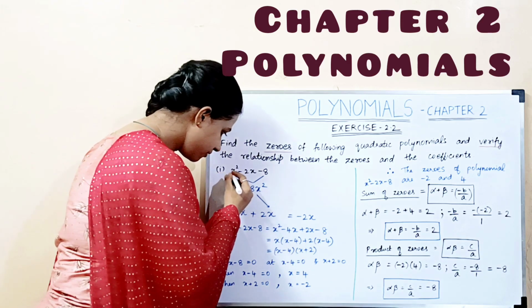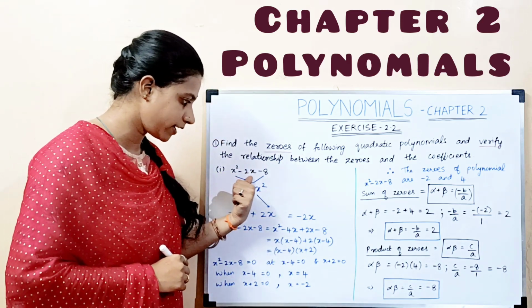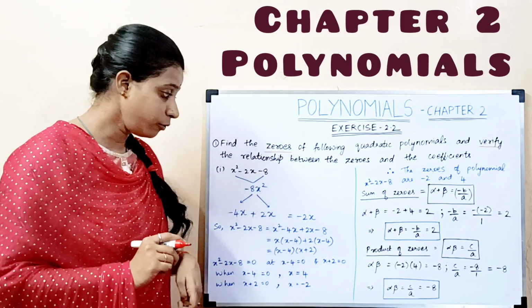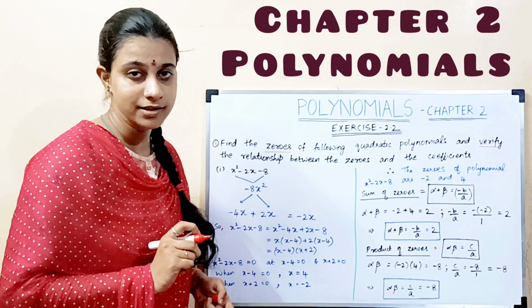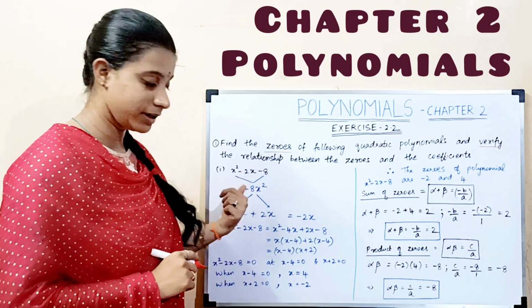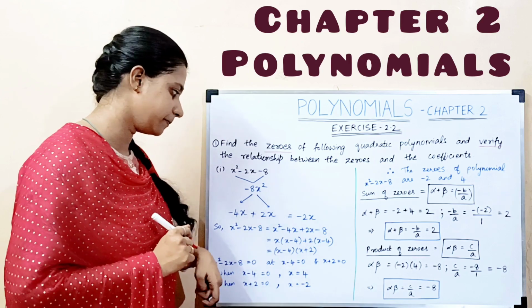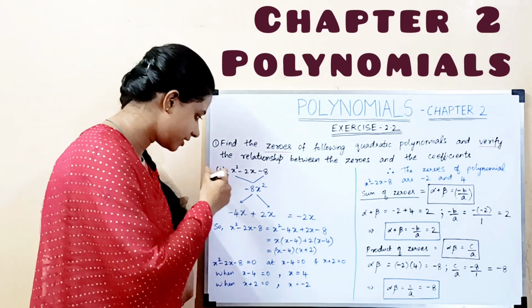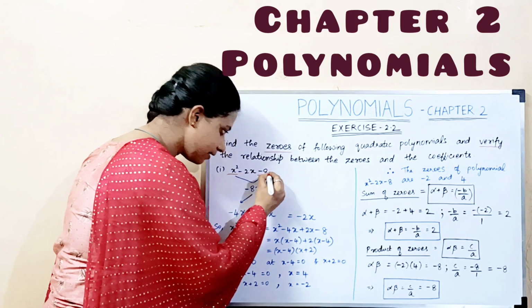Now the first subdivision, the given quadratic polynomial is x square minus 2x minus 8. Now to find the zeros, first we have to factorize this quadratic polynomial. Here we are using the method of splitting the middle term. How we will do that? We will see now. We will multiply the first and the last term.